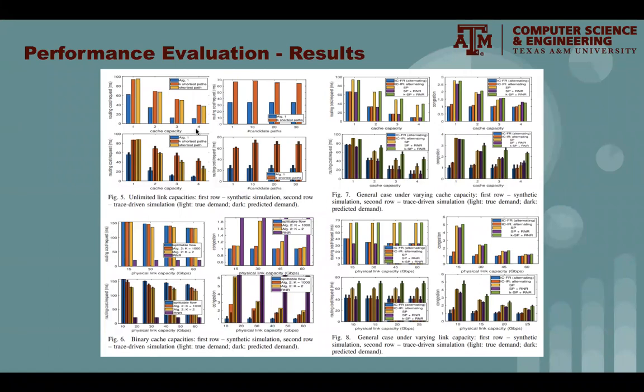And for figure 6, the binary cache capacity cases, the yellow and orange ones are the authors' algorithm 2 with different settings, where K is larger or smaller, so K equals 1000 or 2. But in this case, it performs worse than the RNR algorithm.